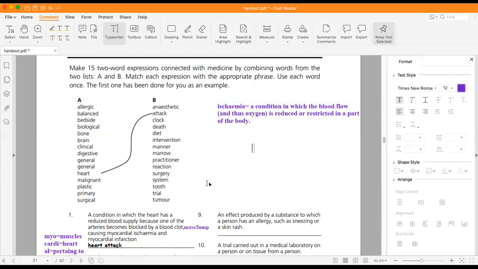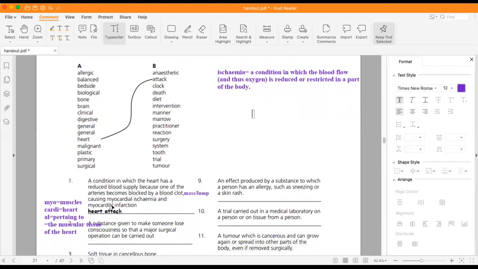Alright? So when we say causing myocardial ischemia, it means that the blood has been stopped or reduced, decreased. Okay, the blood flow is decreased or reduced that is going to the muscular tissue of the heart.